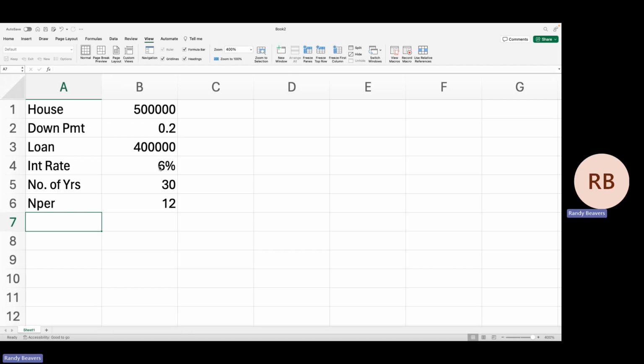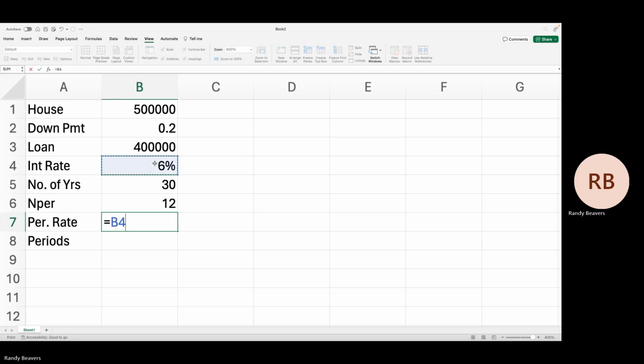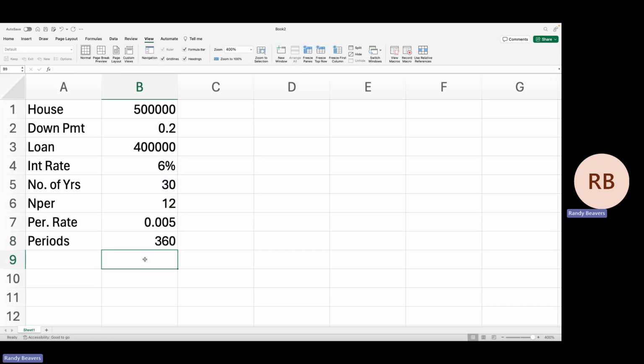So now making our adjustments in terms of the periodic rate and the number of periods. So this is going to be 0.005 per period, and then also the number of periods will be 30 times 12, so there's 360.